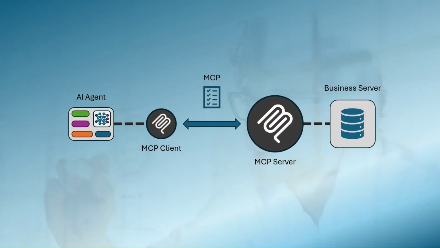So for example, if I build an application that has APIs or a database and I want agents to be able to fetch data from that database, the MCP server should be on my side. The MCP client, on the other hand, should always be close to the LLM models, to the agents.